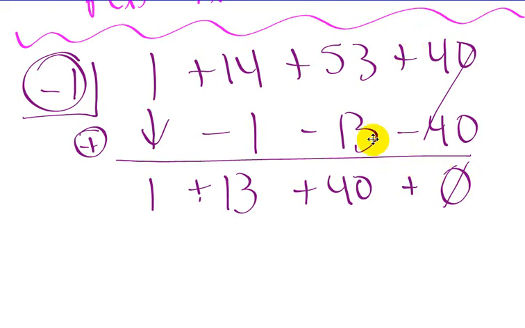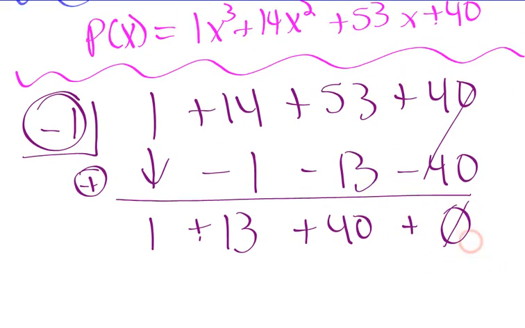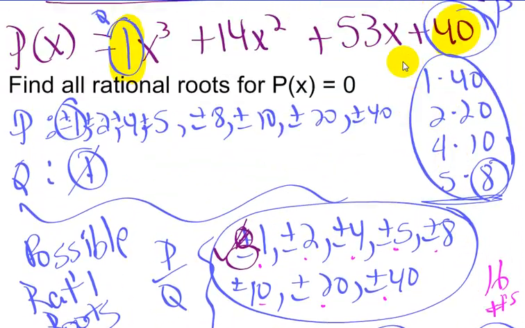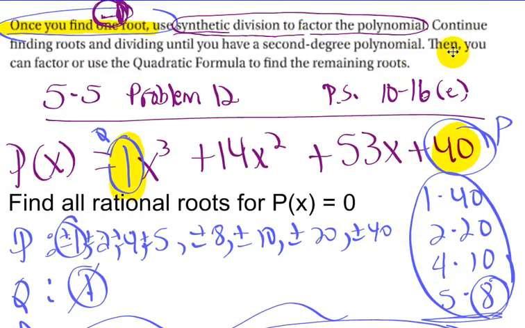So if we look at our instructions here, it said continue finding roots and dividing. So you repeat this process over and over until you have a second degree polynomial.